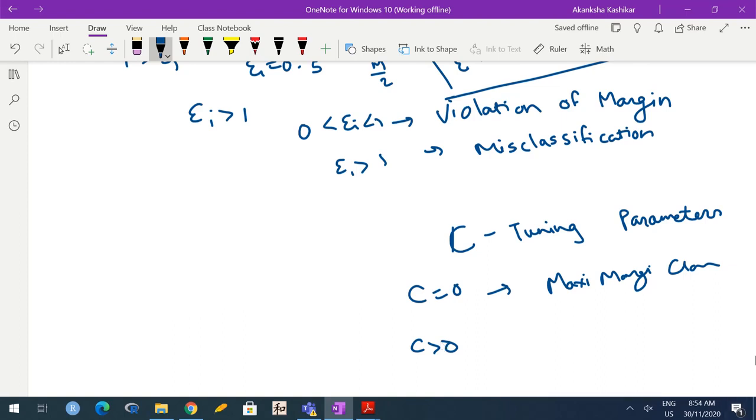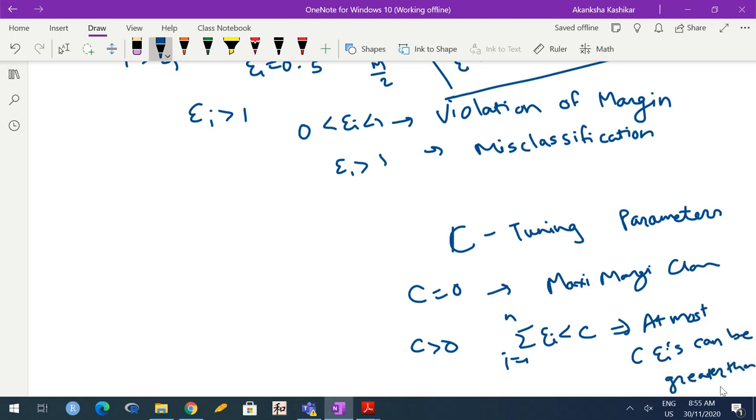If C is positive and suppose epsilons are greater than or equal to 1, then it would mean summation epsilon i, i going from 1 to n, should be less than C, which implies at most C epsilon i's can be greater than 1, because then only the summation would be less than C. What does it mean?